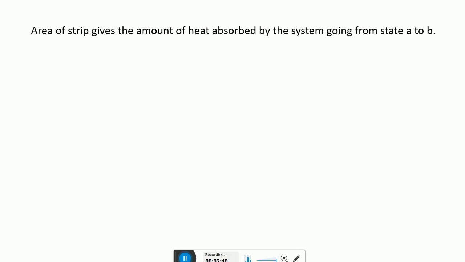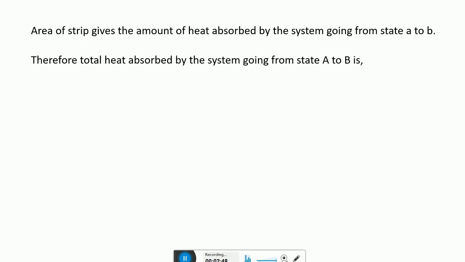Thus, the area of the strip gives the amount of heat absorbed by the system in going from state A to B. Hence, the total heat absorbed by the system in going from state A to state B will be Q equal to the integration of dQ.